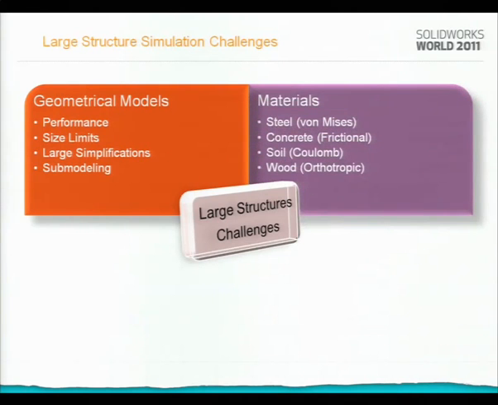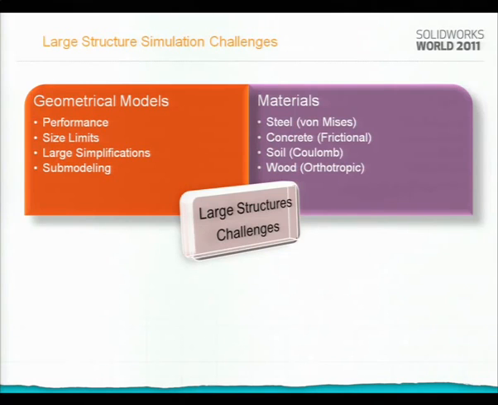Materials. Large structures may have different materials: steel, concrete, soil, wood. Maybe those materials are in every large structure. And those materials have different failure criteria. I don't know if it is clear.